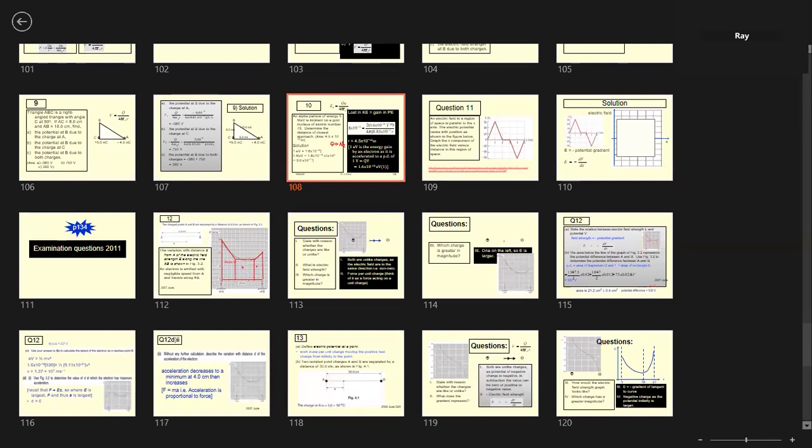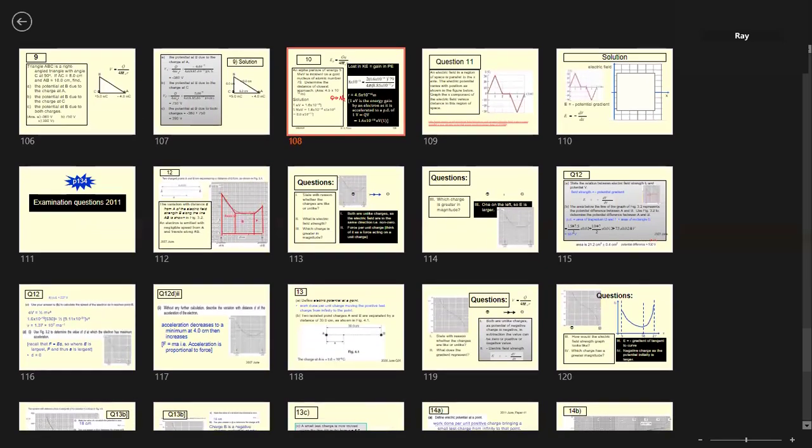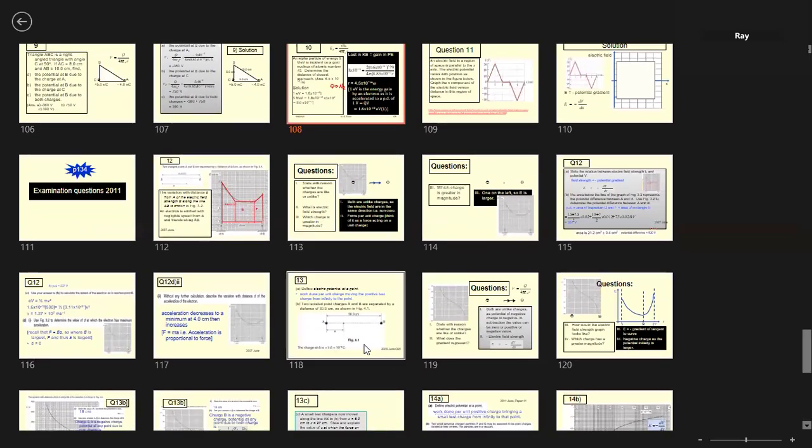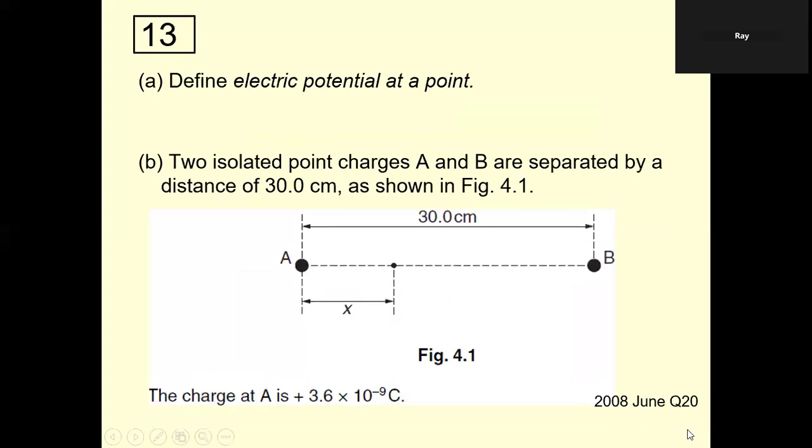Okay, let's try some graphs. Let's try this question. Define electric potential at a point. Memory work. Easy score point if you remember your work. This one AS answer also can. Oh, this is A2 work, not AS.